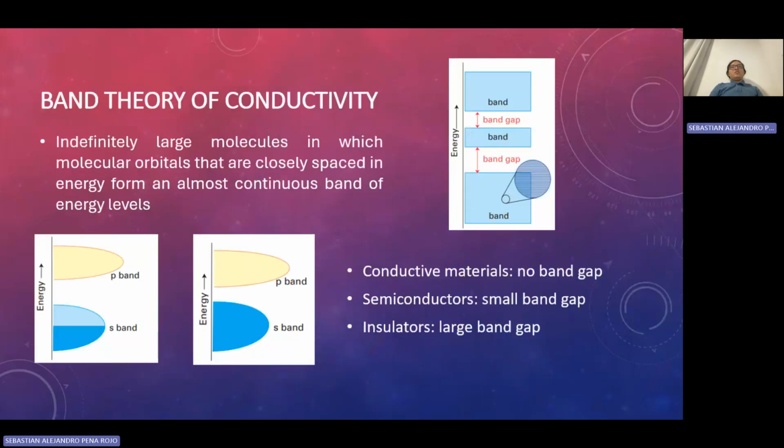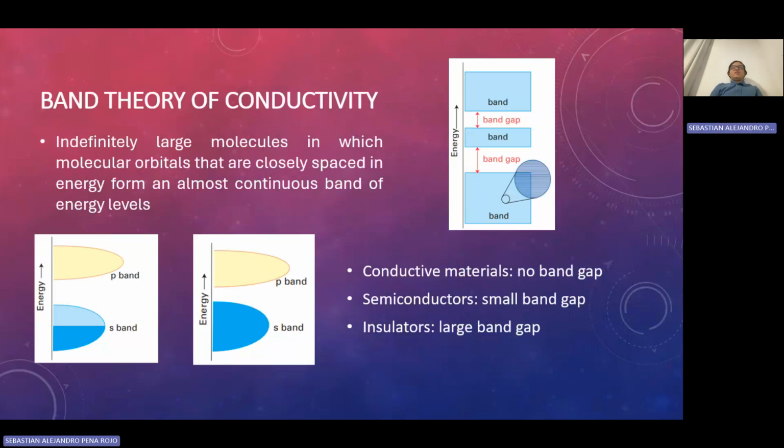The properties of semiconductors can be described by the band theory of conductivity. This theory describes solids as indefinitely large molecules in which molecular orbitals that are closely spaced in energy form an almost continuous band of energy levels.